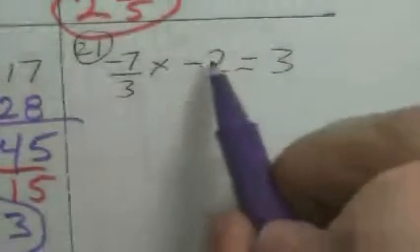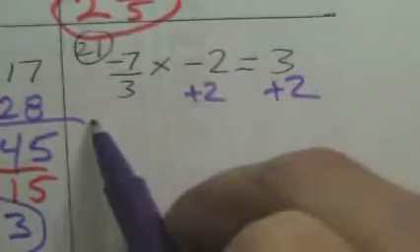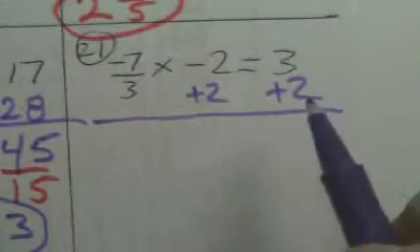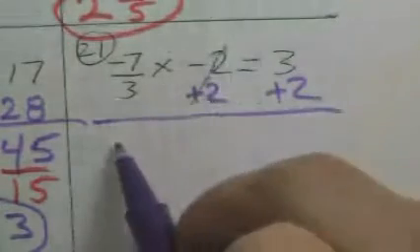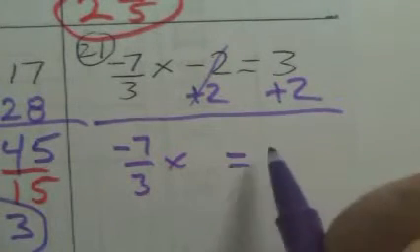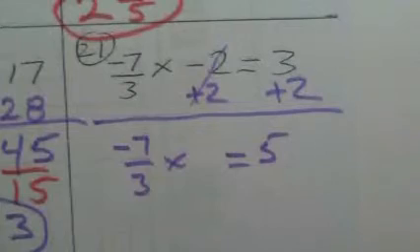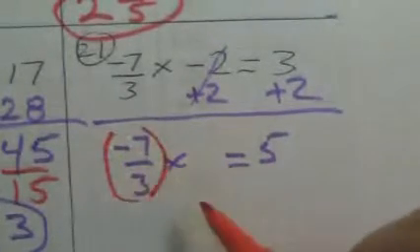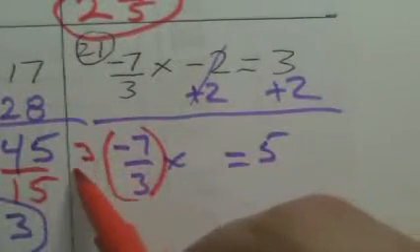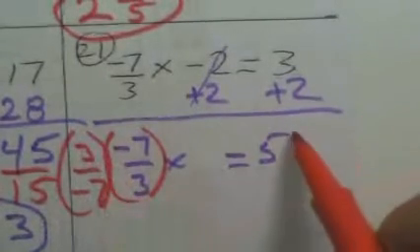Okay, I'll get rid of the minus 2, or I'll add 2. Three and 2 is 5. Multiply by the reciprocal. 3 over negative 7.